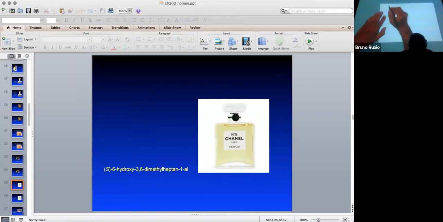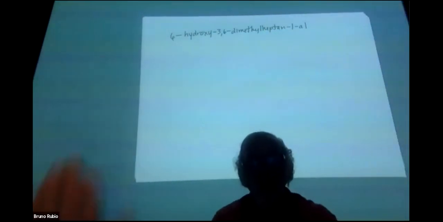That's a stereochemical designation. We're not ready for that yet. Let's just go with 6-hydroxy 3,6-dimethyl heptane 1-al. Okay, so this is one of the ingredients in this very expensive and exquisite perfume, Chanel number 5.